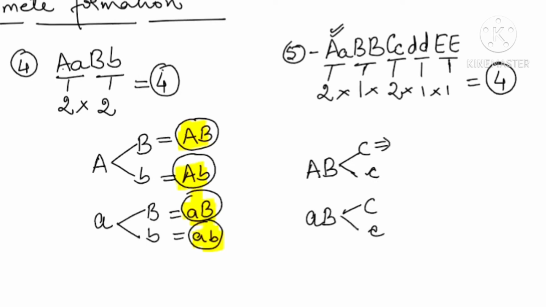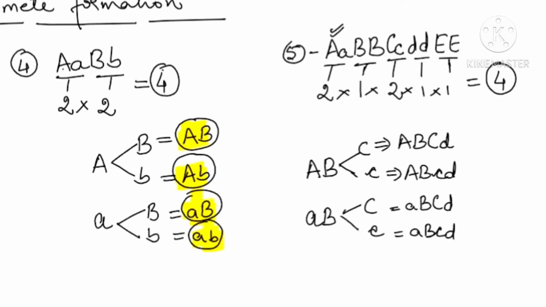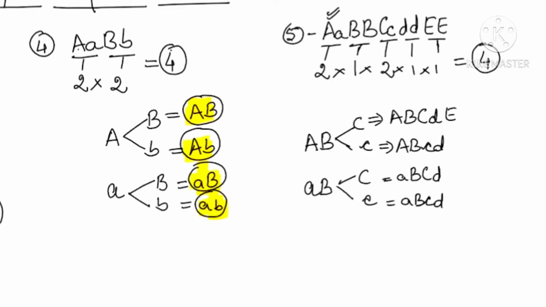And let us solve it right now. Then D will make only one type, so let us write only small d here. And E will also make one type. So these are the four types of gametes which are made.